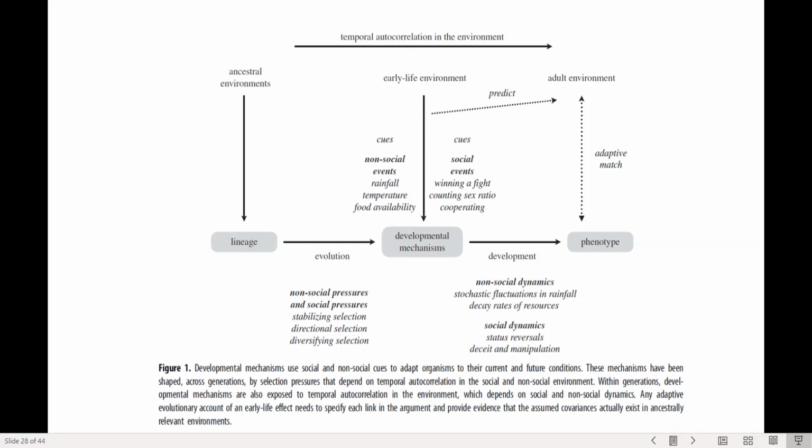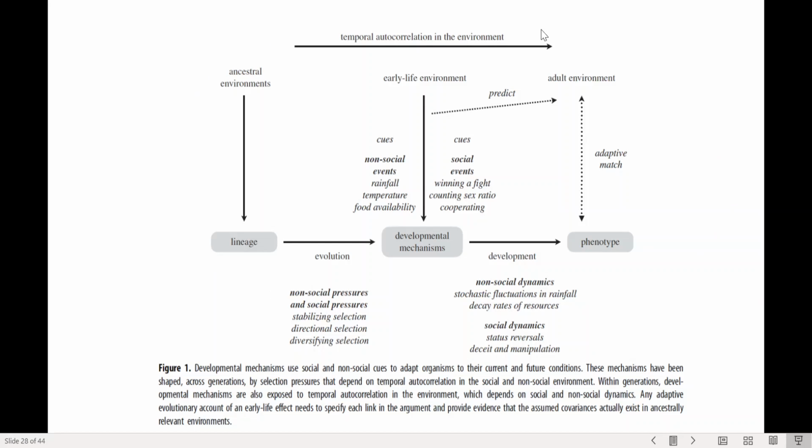Are the status dynamics changing over the lifetime of an individual? So if you are born into a very competitive environment, so a fast life strategy, does that environment actually change, and then the fast life strategy becomes maladaptive later in life, and with that also all sorts of deceit and manipulation mechanisms.